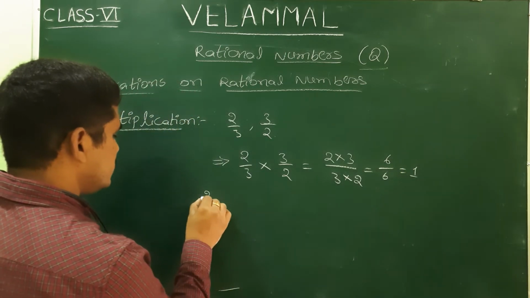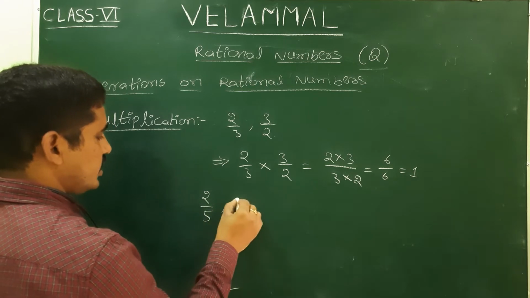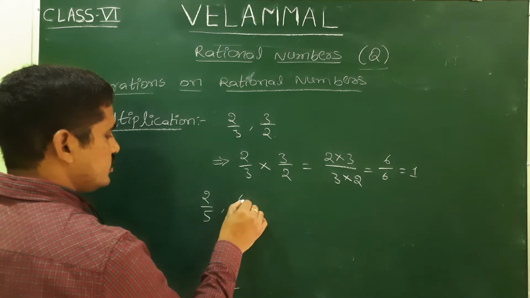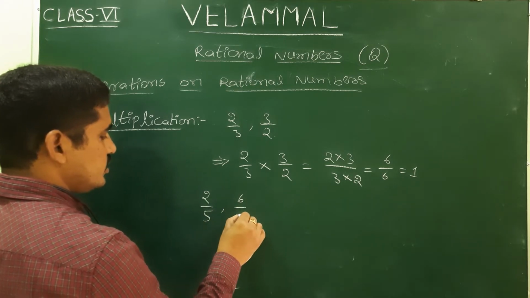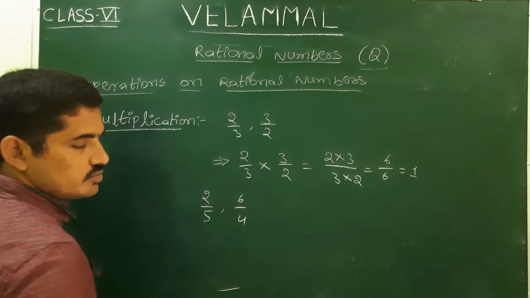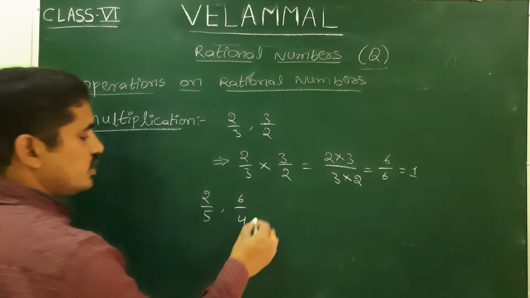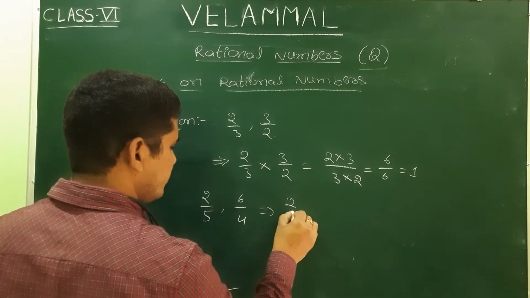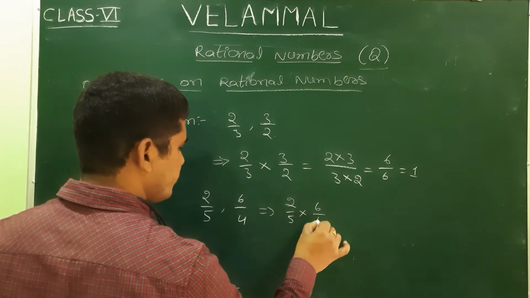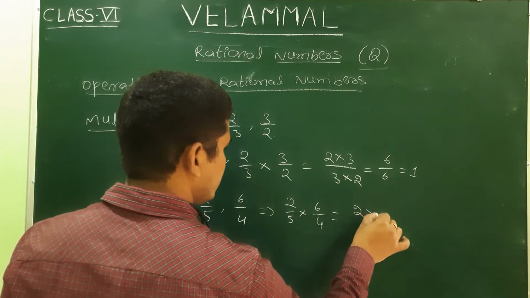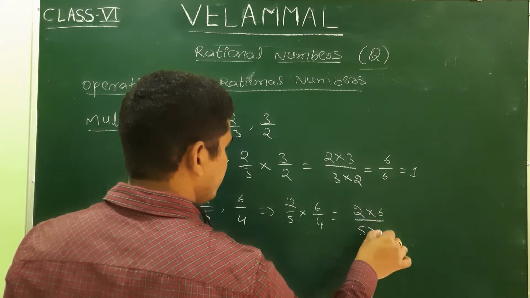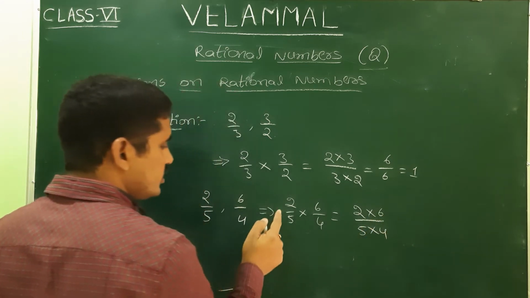Or else 2 by 5 and 6 by 4. These fractions are given. Then how can we do it? 2 by 5 into 6 by 4 is equal to 2 into 6 by 5 into 4. How are we taking this?